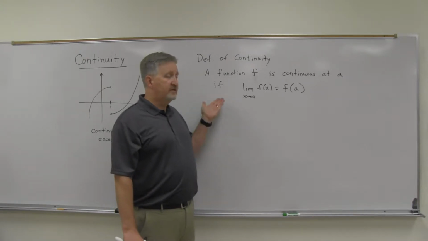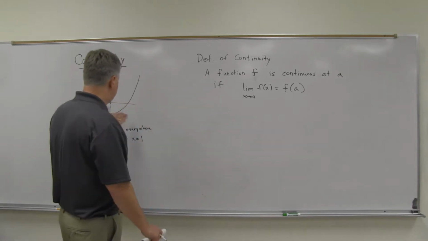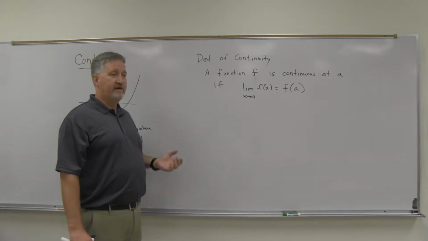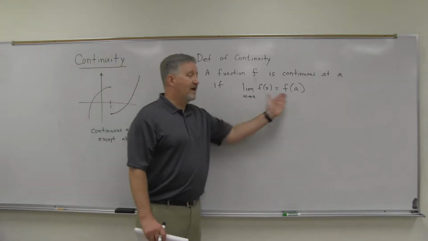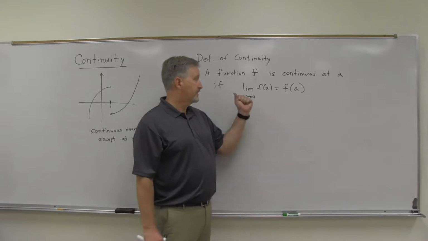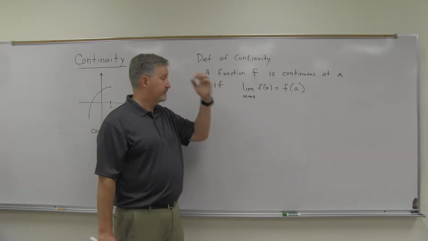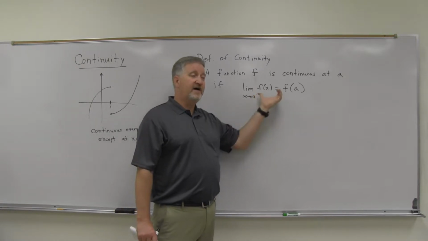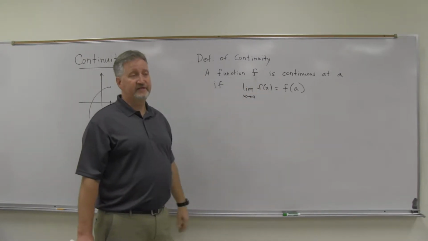But to be continuous, where you don't have to lift your pencil when you graph it, the two have to be equal. So this doesn't have to happen, I mean, we saw a lot of times when the limit doesn't equal the function value. But if it does, the function is said to be continuous at a.